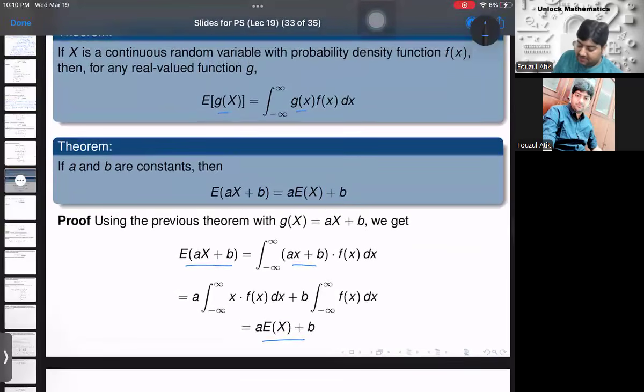Now from this theorem we can say that the expectation of a into x is a into E(X). And the expectation of any constant value b is the constant value b itself. Right? So if I directly apply this theorem, we get these two results.